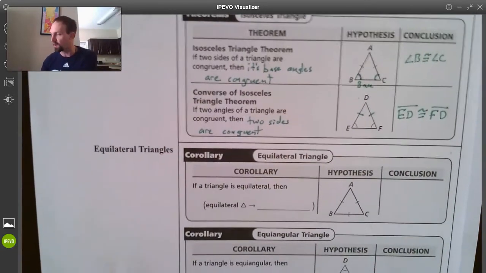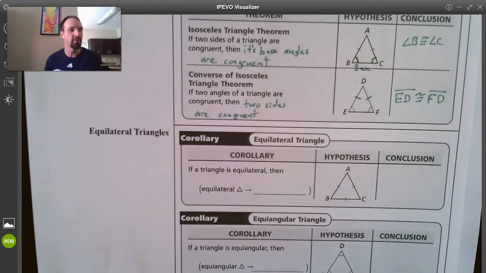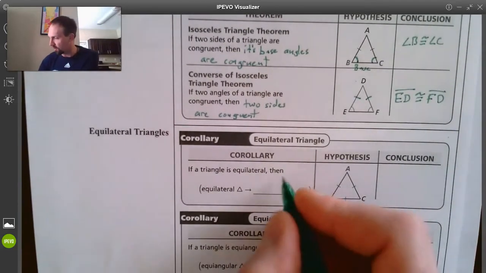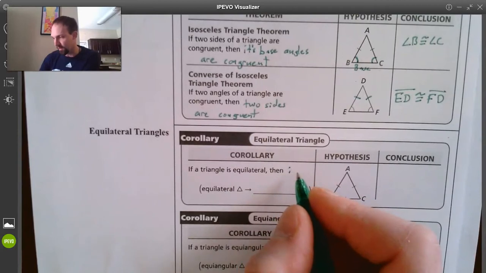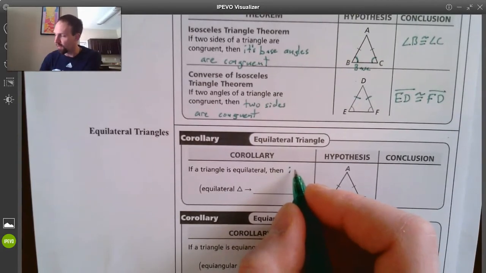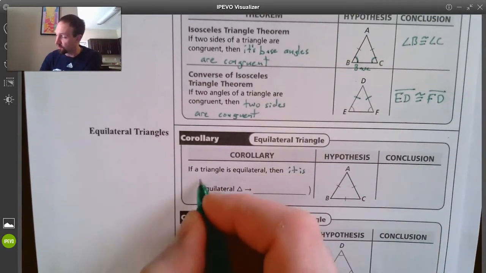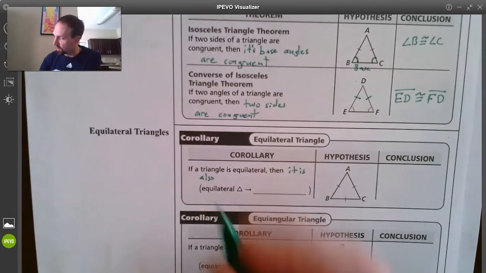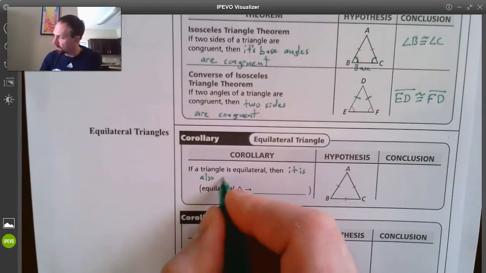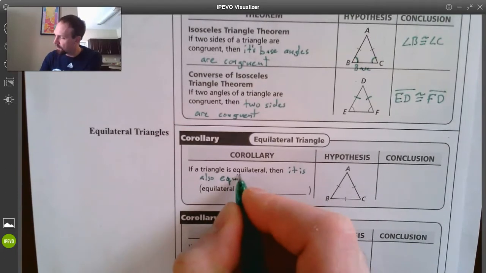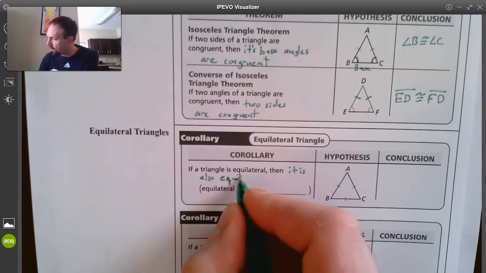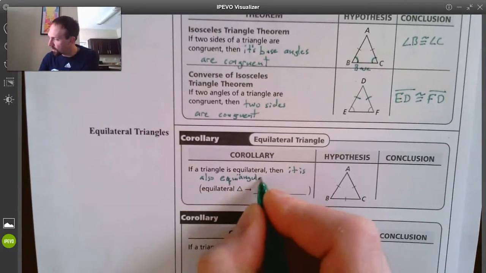For equilateral triangles, if we have an equilateral triangle, then it is also equiangular, which I actually mentioned in the day 1 notes. Equiangular.